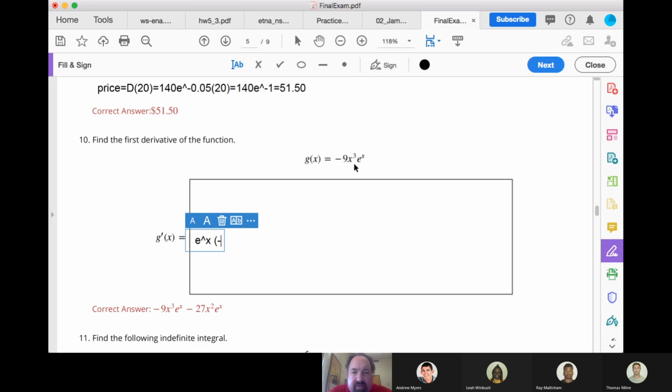So that'd be minus 27x squared, plus minus 9x cubed times the derivative of e to the x, but that's just e to the x, its own derivative. So then when we clean it up, we get minus 27x squared e to the x, and then minus 9x cubed e to the x.